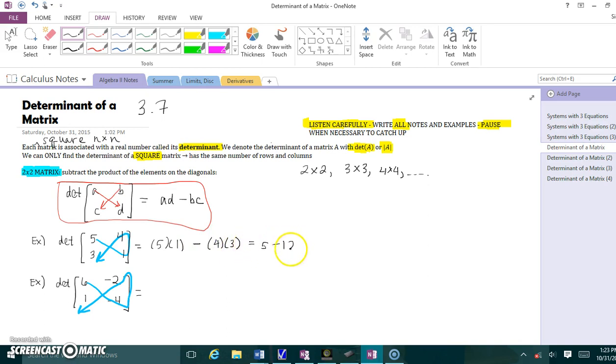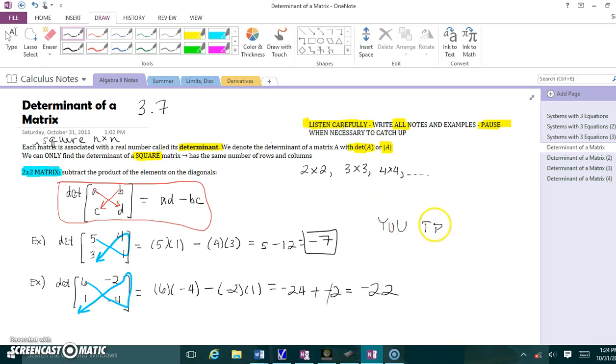So I have 5 minus 12, negative 7. That's the determinant. This one here, 6 times negative 4 minus, be careful here, negative 2 times 1. That's negative 24 minus negative 2, which is really negative 22.